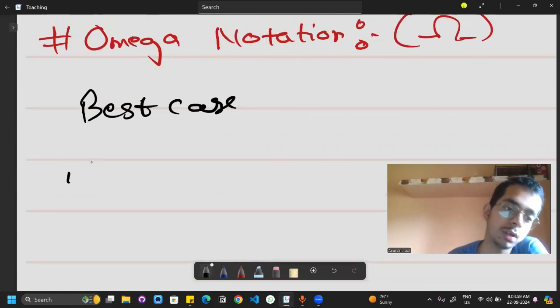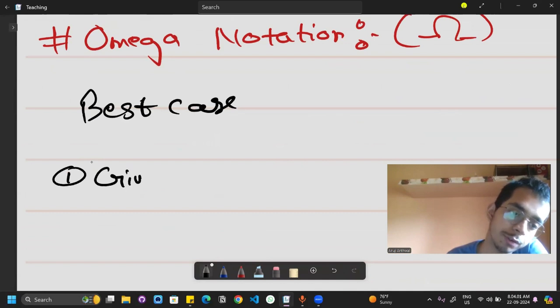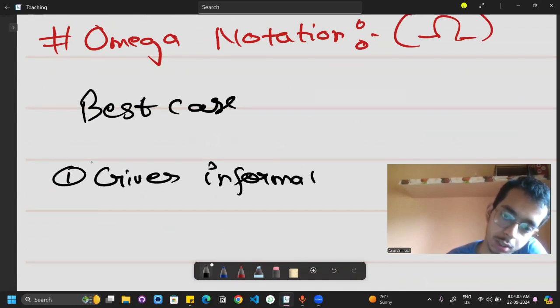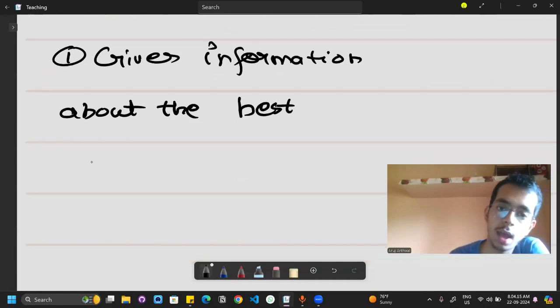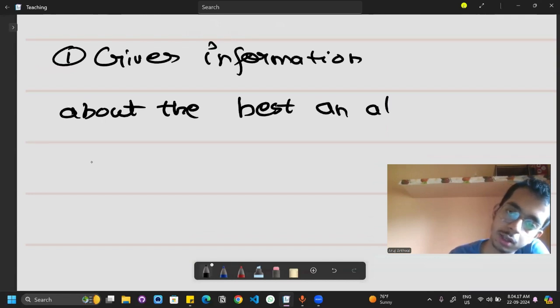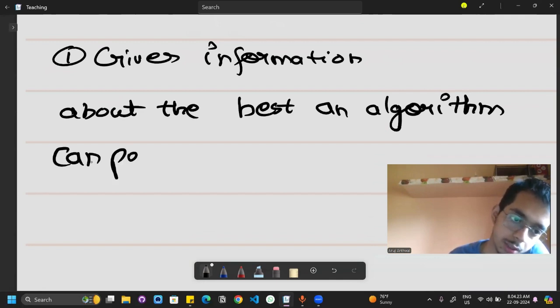It gives information about the best an algorithm can perform.